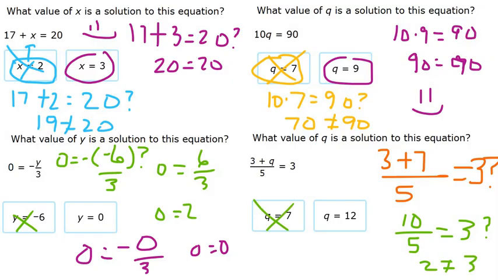So that one's false. And just to verify, we will put 12 in here. So does 3 plus 12 over 5 equal 3?